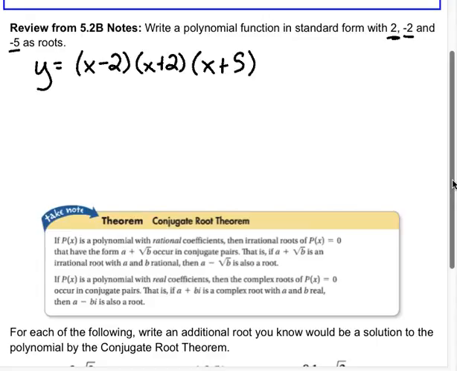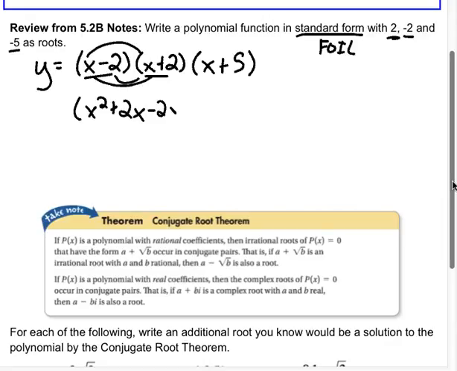And if we want it in standard form, remember that just meant FOILing a couple times, right? So here when I FOIL these two together, that gives me x squared plus 2x minus 2x minus 4.